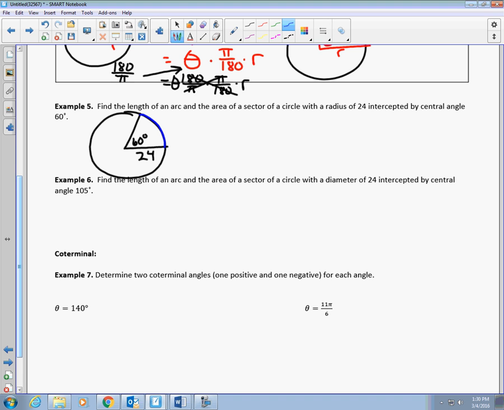We call that S. And the area of a sector, the area would be that inside part, or K. Okay? Those are the 2 things I want to find. So it says with a radius of 24, and when it says intercepted, that just means that this angle intercepts, it kind of makes that arc S.